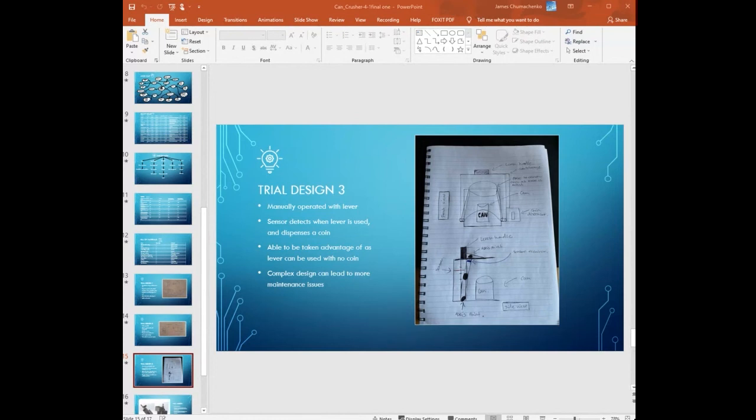Design 4 was mostly electrically operated, and this meant that the systems were working independently as opposed to being correlated to the whole design itself. For example, in design 3, one system, the button, was operating the crushing mechanism that would crush the can.